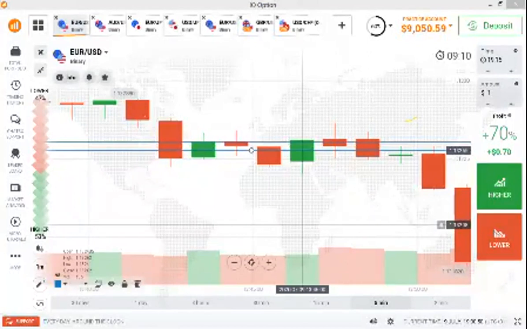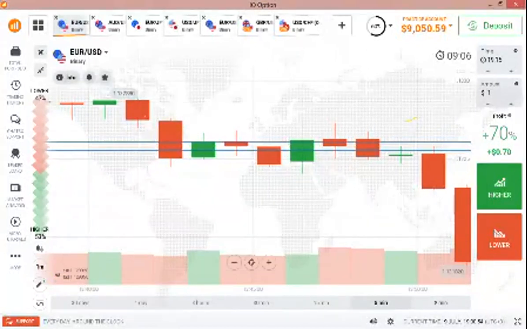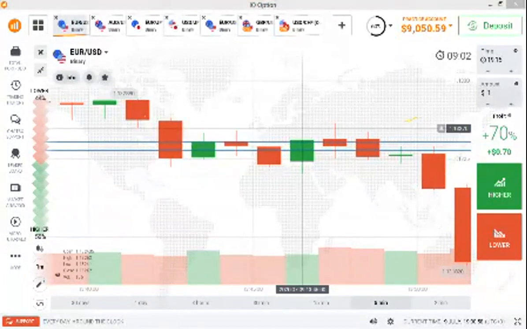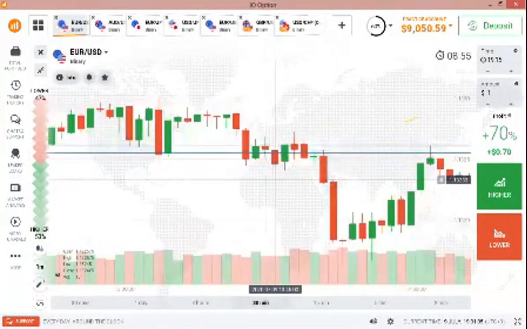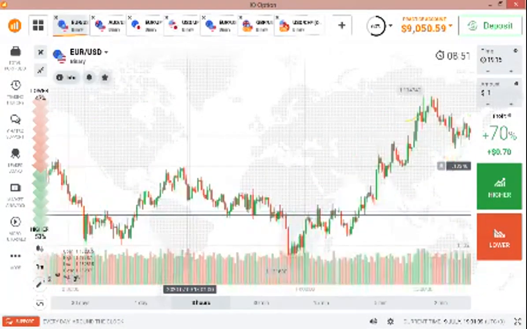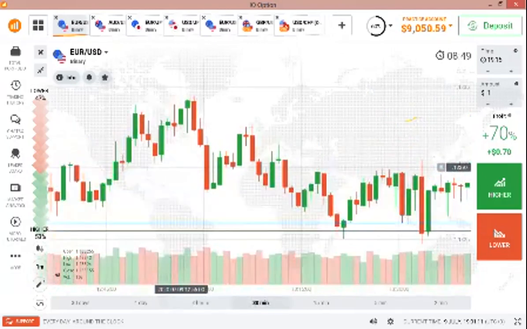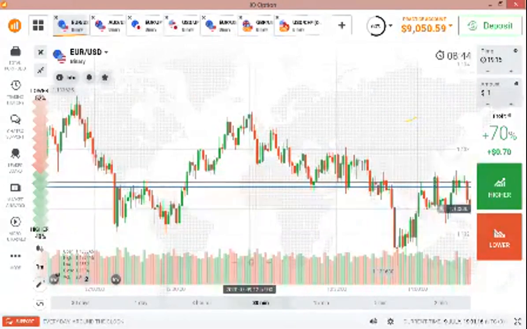Okay. Concerning your question, you said how do I place my trade on a level that reverses the market? You draw the levels and you're expecting the market to reverse. That is why anytime I'm trading, the first thing I look for is drawing levels where there is multiple reversal.